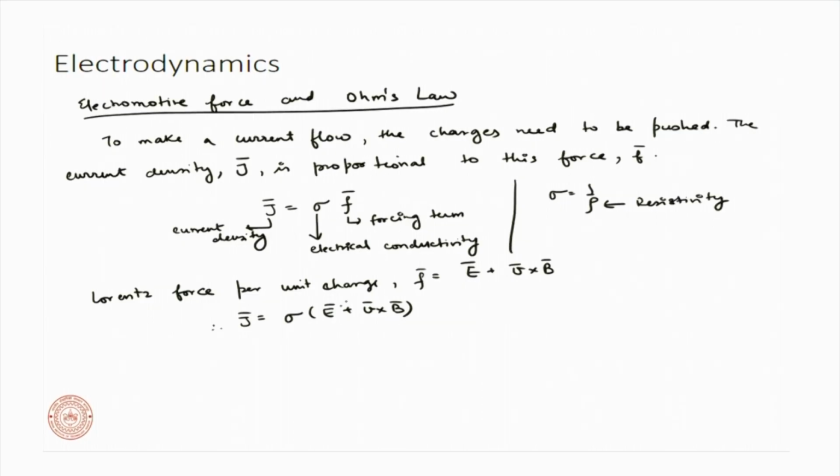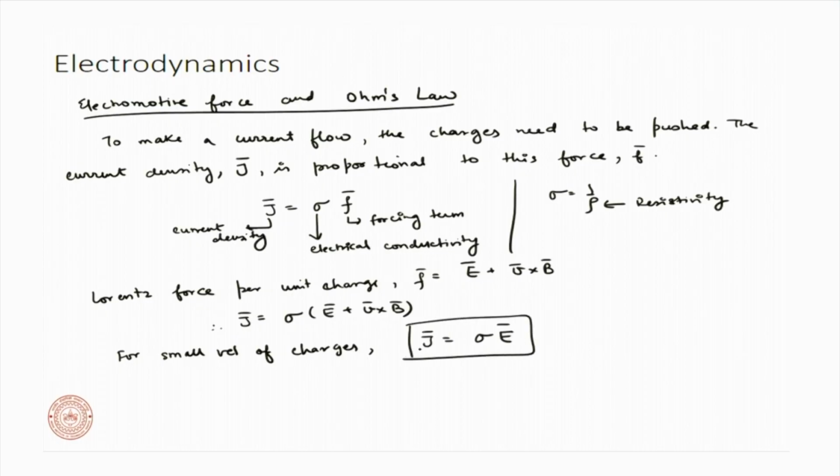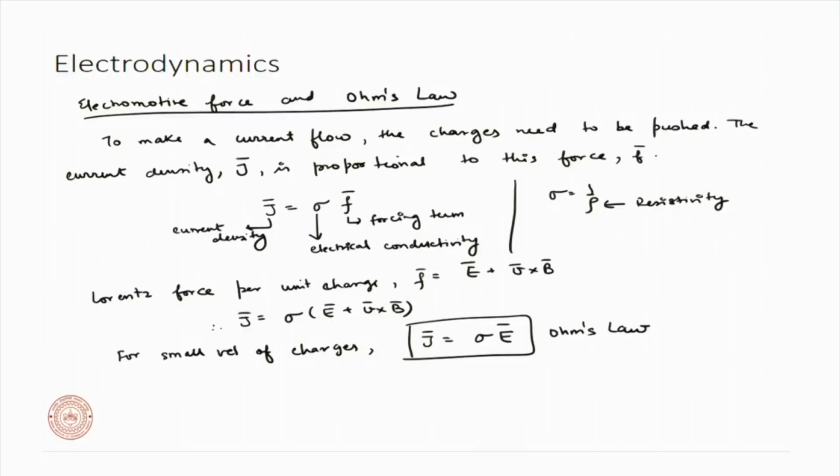In that case, we can ignore this magnetic field effect, and we can assume that for slow moving electrons or small velocity of charges, our J vector is equal to sigma into E vector. This is our Ohm's law. It is the initial or fundamental definition of Ohm's law that the current density is equal to the electrical conductivity times the electric field vector.